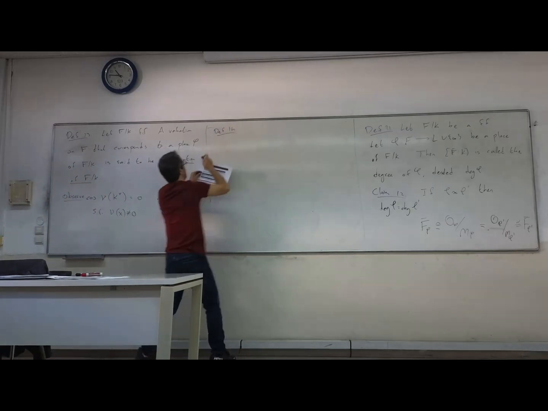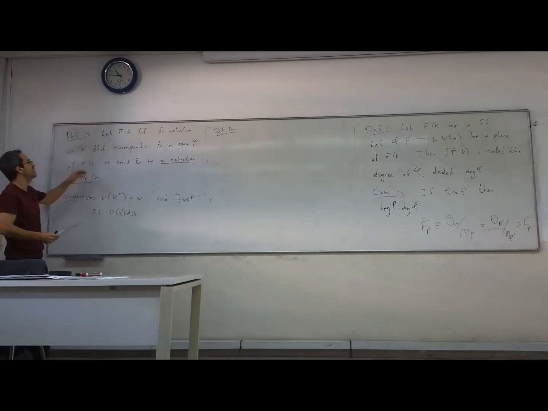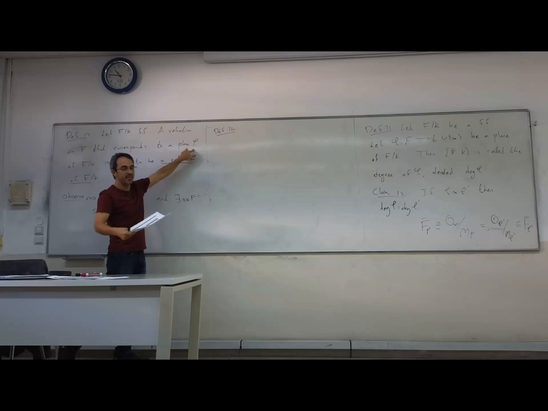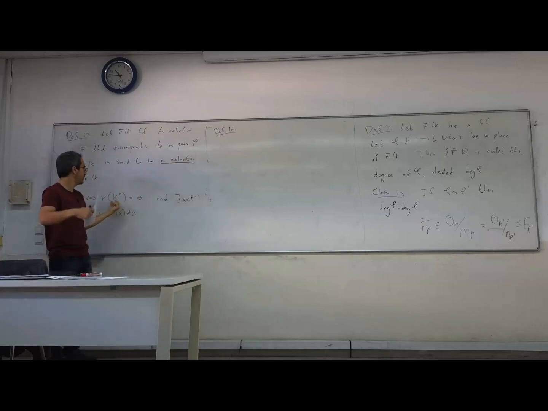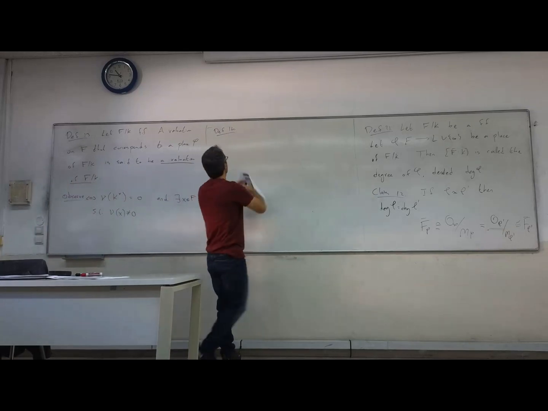Another definition: in valuations, you have this notion of discreteness. A place doesn't really have a notion of discreteness. Well, you can look at the corresponding valuation. But discreteness in a valuation means that the image is isomorphic to Z, right? So I'm going to import it to places.